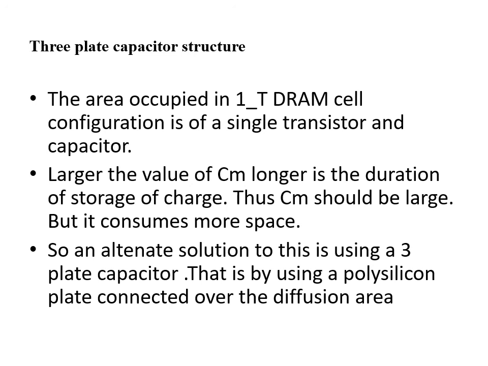At least 16 lambda square will be required to give a capacitance of 1 square Cg. With this structure, that is the polysilicon over the diffusion area, 4 lambda square is sufficient for 1 square Cg capacitance.